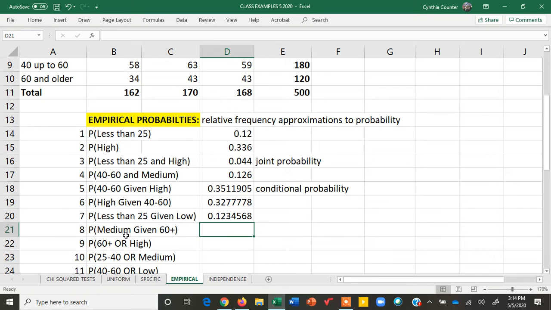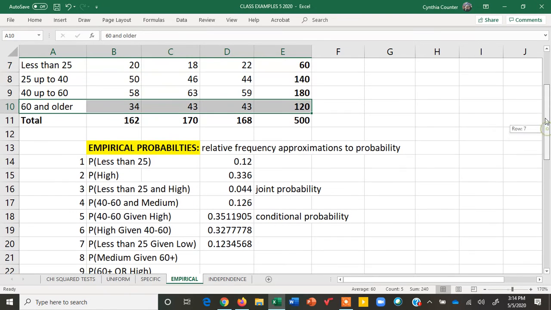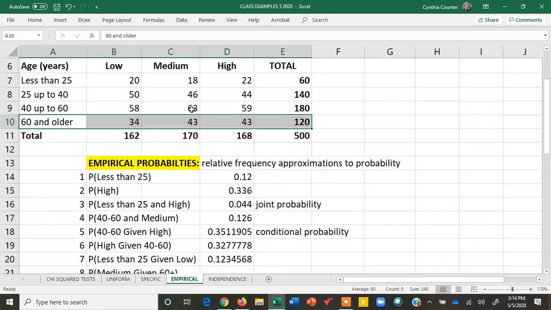Now we want the probability of medium given 60 plus. So this time we are given an age group, so we are confined to this row here for the 60 plus individuals. Out of these 120 60 plus individuals, 43 reported medium job pressure.